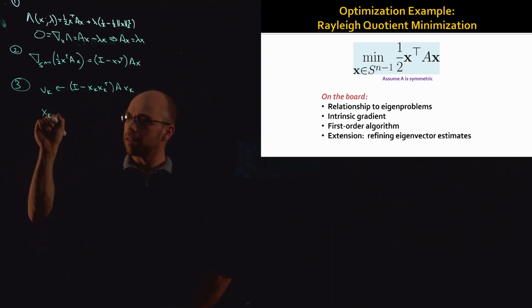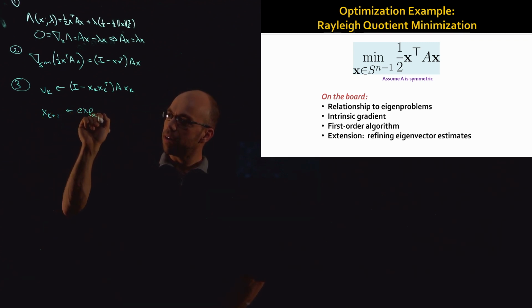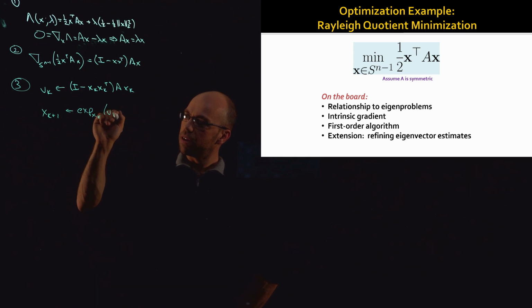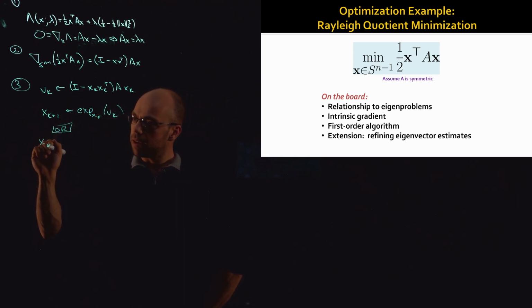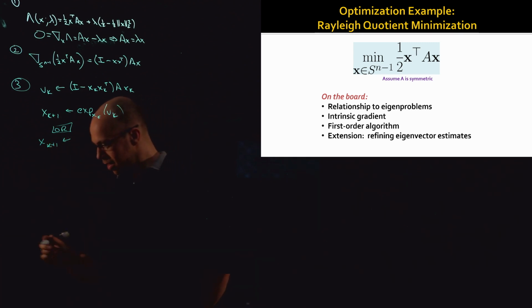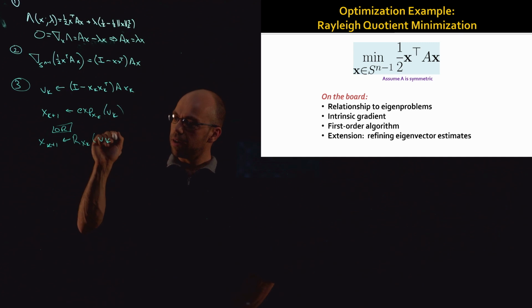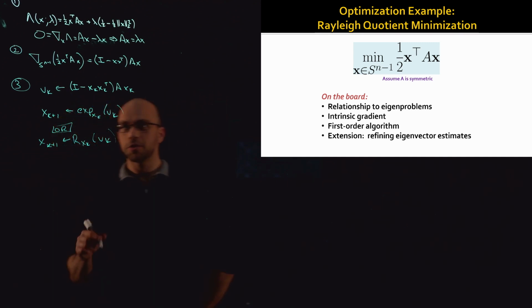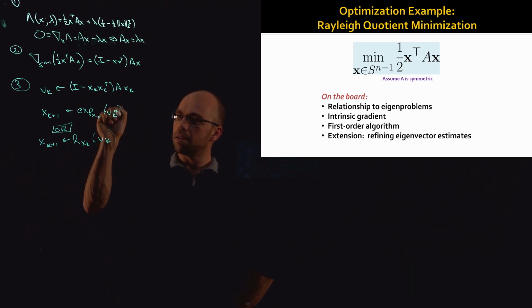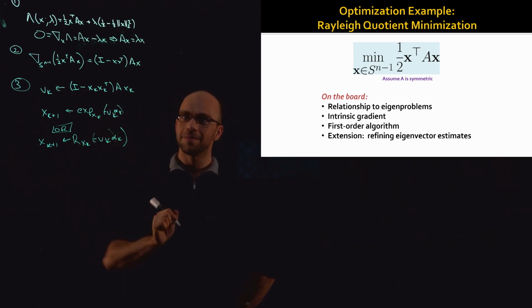I could say x_(k+1) is the exponential map at x_k of v_k, or x_(k+1) is maybe the retraction at x_k of v_k. And conveniently, I gave you formulas for both. Oops, I'm sorry, these shouldn't be v_k. It should be minus v_k times alpha_k. Sorry about that.